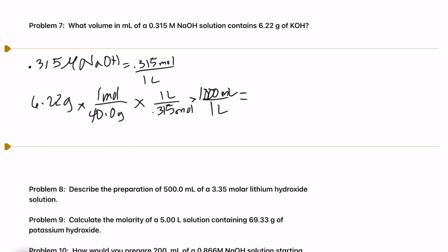So I double check my units. Grams will be eliminated, moles will be eliminated, liters will be eliminated. I'm left with milliliters, and that's what the prompt asked for. We calculate, and we get 493.6, but I should only be in 3 significant figures. So 494 milliliters of sodium hydroxide.